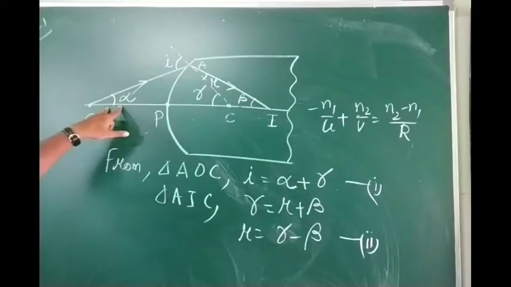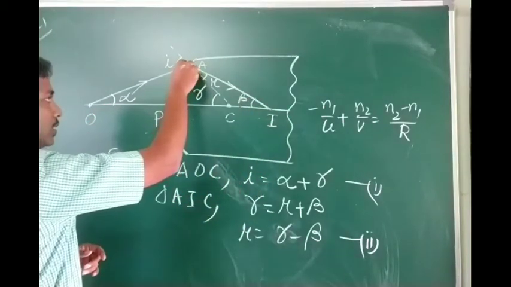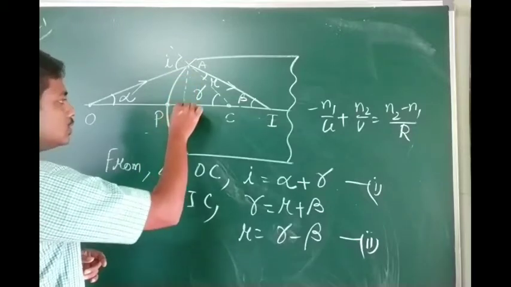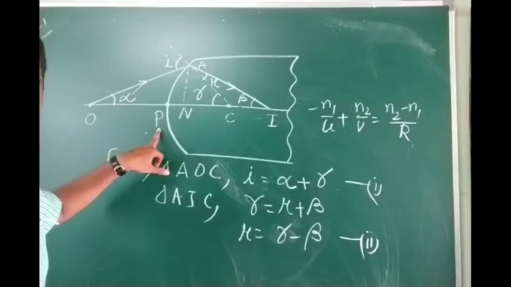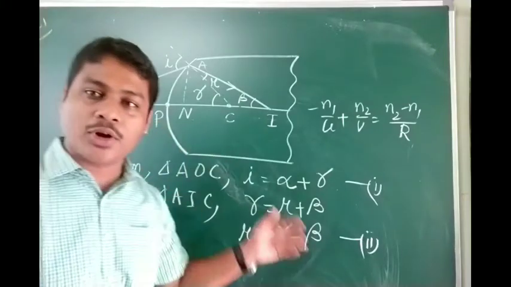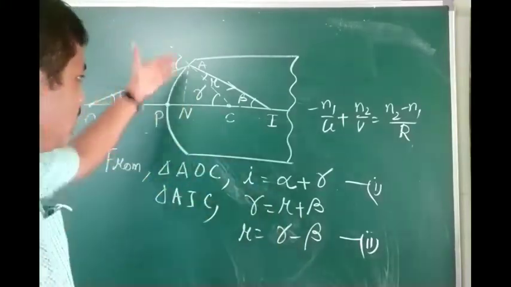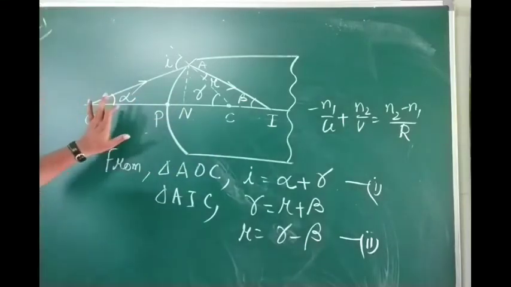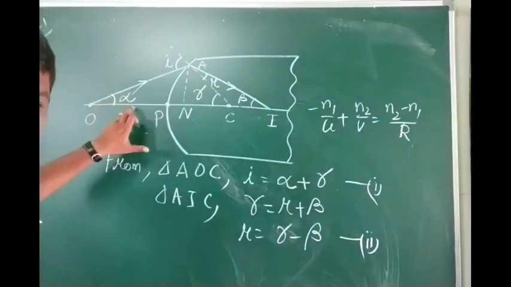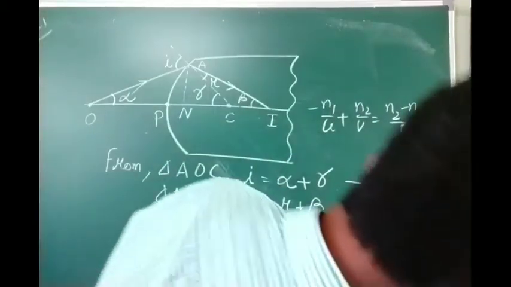This is the angle alpha. I will be making a point N here. This N is very near to the point P, because for using trigonometry, we need a right angle triangle. So I made a triangle ANO. From the triangle ANO, let me calculate the value of alpha.